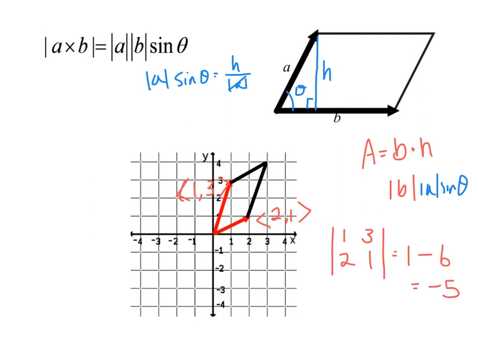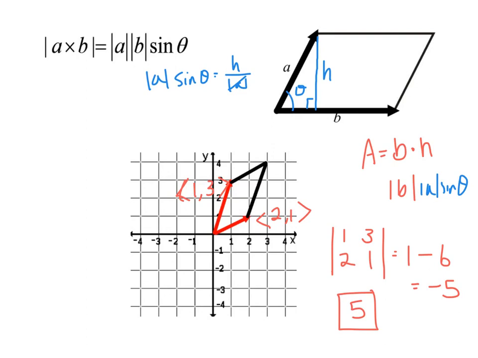So remember, magnitude doesn't necessarily mean Pythagorean theorem. Really, all it definitely means is length. So once you have this calculation, remember, this was my area of a parallelogram and it's equal to the magnitude of the cross product. My cross product was negative 5. The magnitude of that, simply the length of negative 5, is just positive 5.